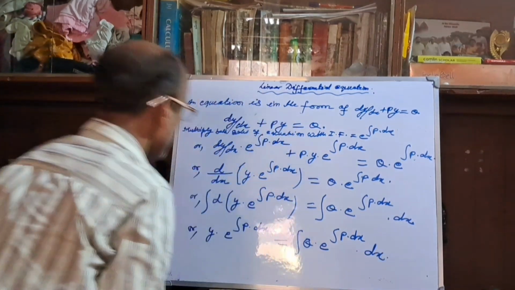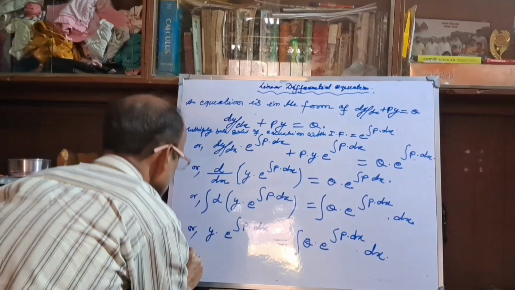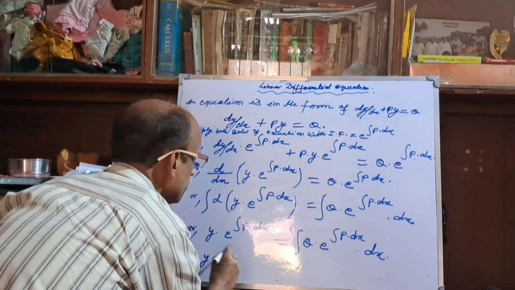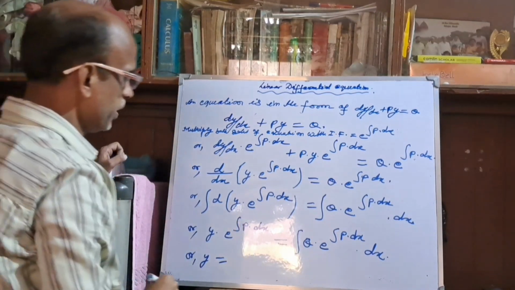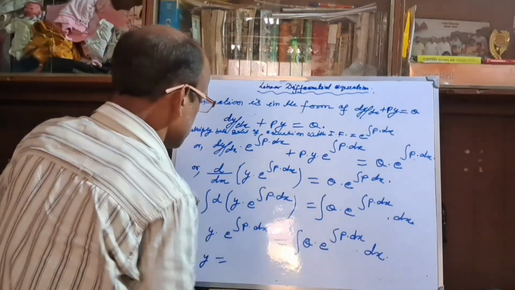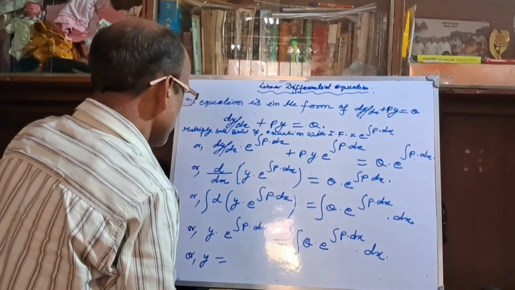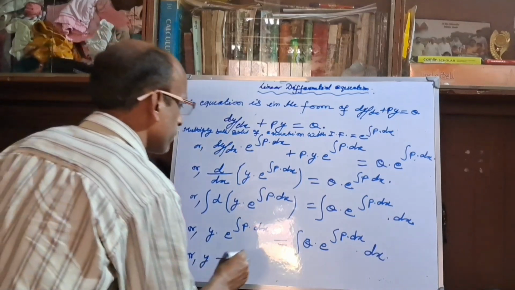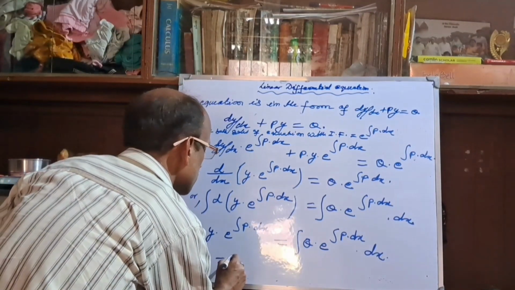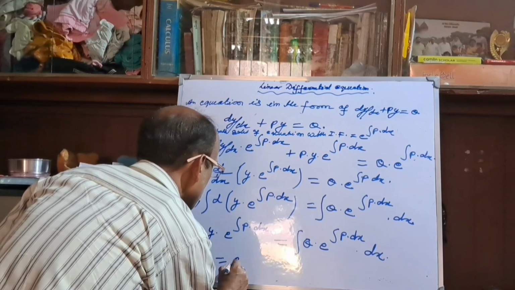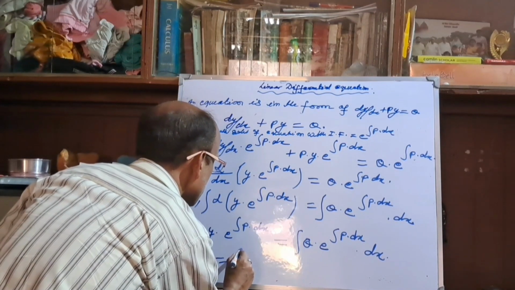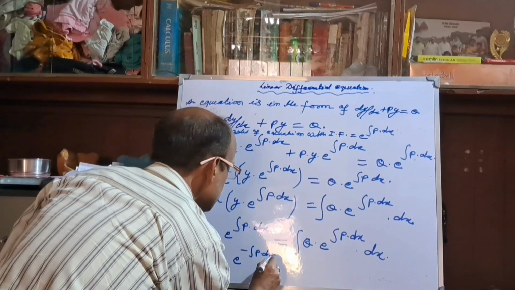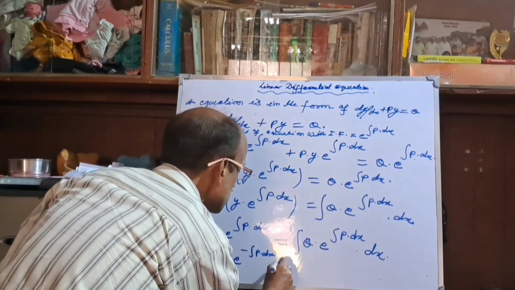Or y is equal to, if we divide both sides of this equation by e to the power integral of p dx, then we have e to the power minus integral of p dx, with this bracket used here.